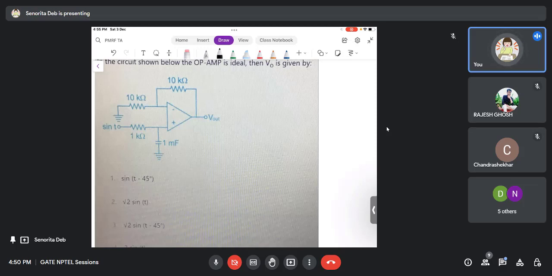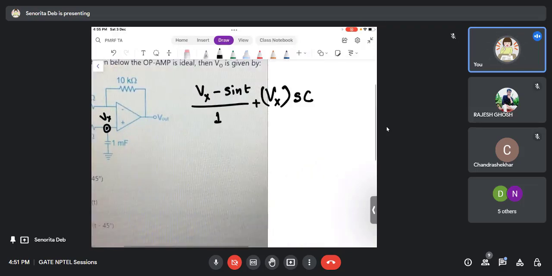You can actually derive it also, right? So let me derive it. Vx minus sine t upon 1k plus Vx, let me write SC for now, equals 0.